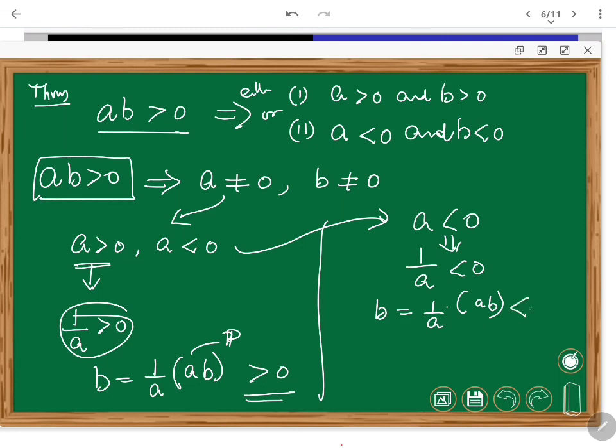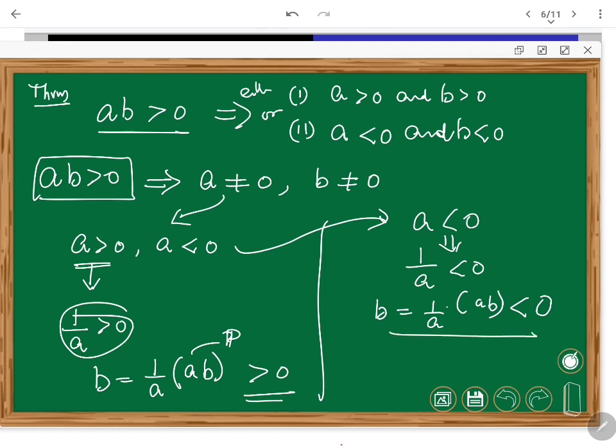This has to be less than 0, alright? Because AB is positive and 1 by A is negative, multiplying on both sides will definitely give you a reversal. That is, 1 by A times AB is less than 0, which says B is less than 0. So this is how the proof goes.